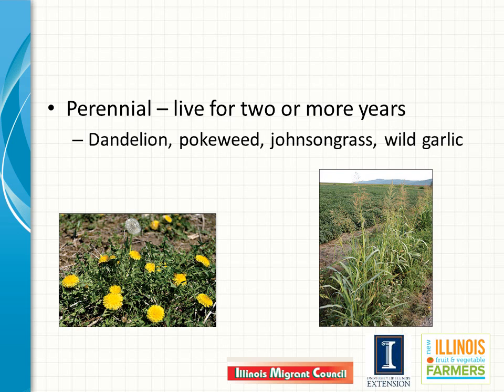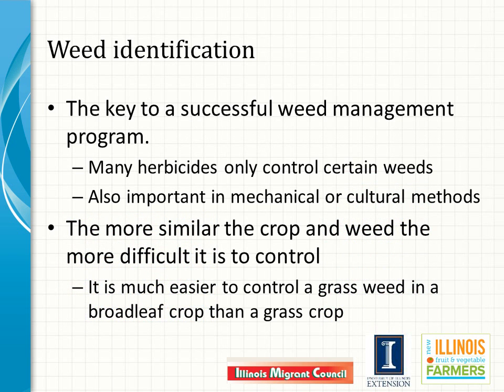Different weeds with different life cycles are favored in different cropping systems. Those that are very similar to the crop may be the most difficult to control. As with disease management and insect management, identifying weeds that infest different portions of your farm is a key step in planning management practices.